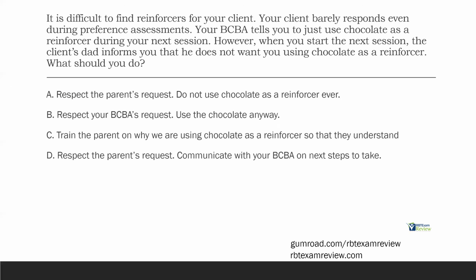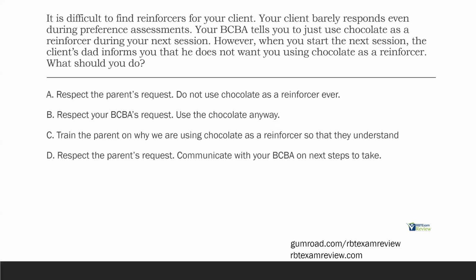What about D? Respect the parent's request. Communicate with your BCBA on next steps to take. Yes, so D is similar to A, right? Because we're not going to use the chocolate. However, instead of just not using chocolate ever, we're going to communicate with our team, right? And figure out next steps.